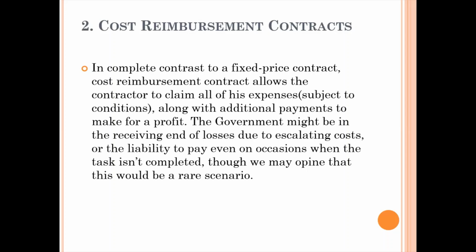The government might be on the receiving end of losses due to escalating cost or the liabilities to pay even on occasions when the task is not complete. Though we may opine that this would be a rare scenario.